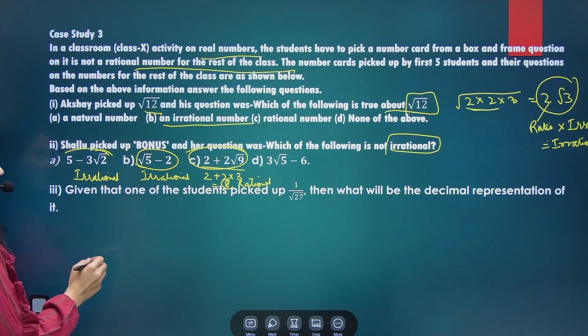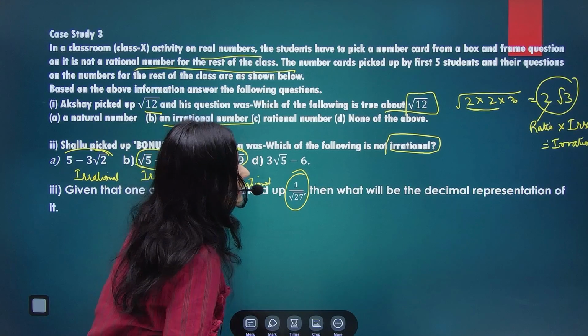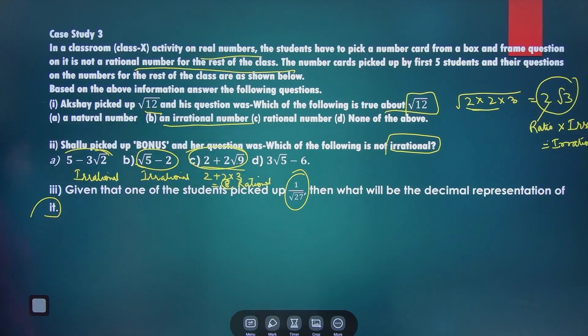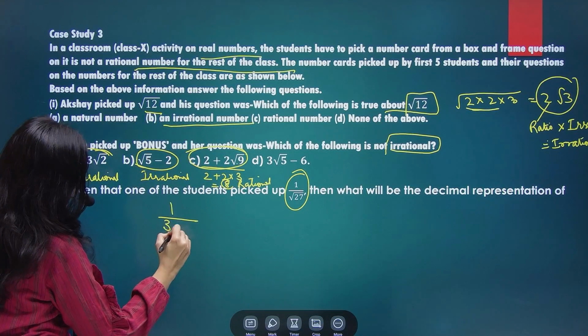Given that one of the students pick up 1 by root 27, what will be the decimal representation of it? इसकी decimal representation क्या होगी? पहले तो simplify करके देख लेते हैं.